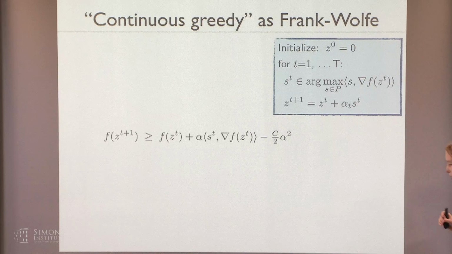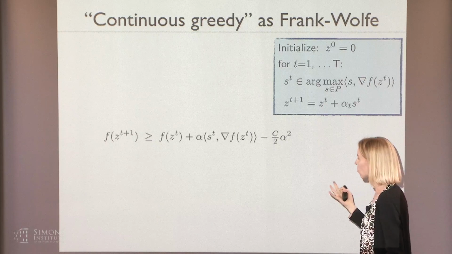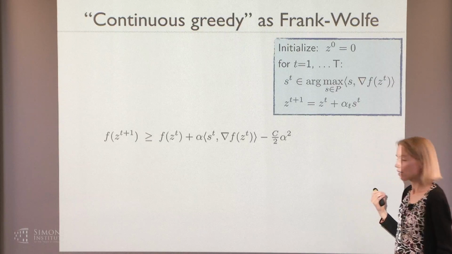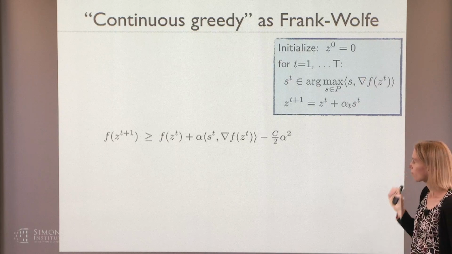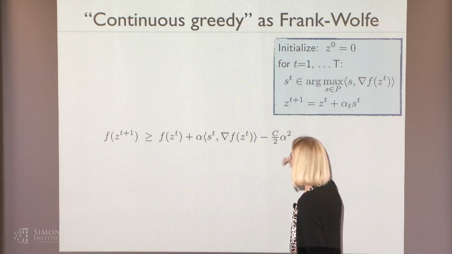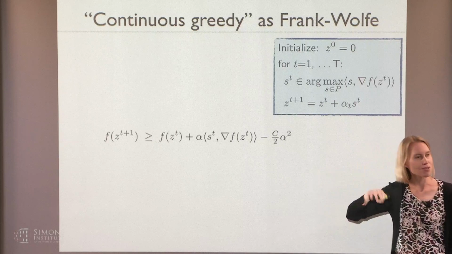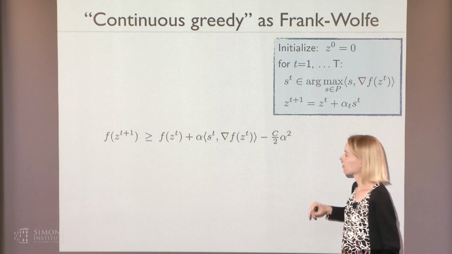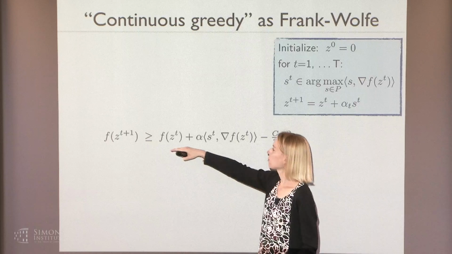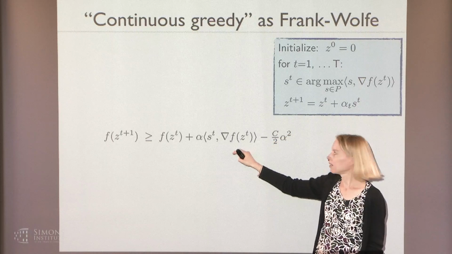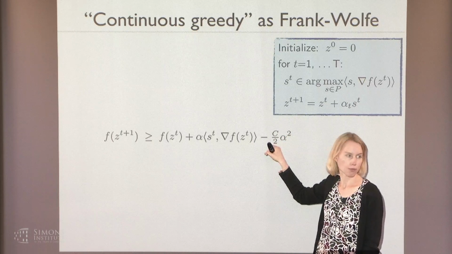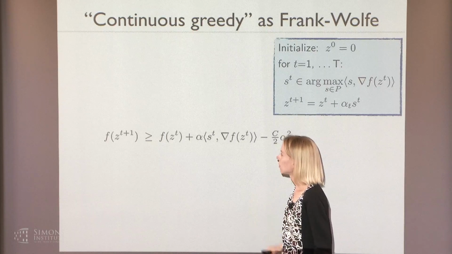OK, so why is this good? Let me show you the analogy with the analysis of the Frank-Wolfe method. This is the proof from my lecture notes when I first talked about Frank-Wolfe and then about this method. So here's the idea. First thing you do is Taylor approximation. This is the standard proof of first order Frank-Wolfe optimization.